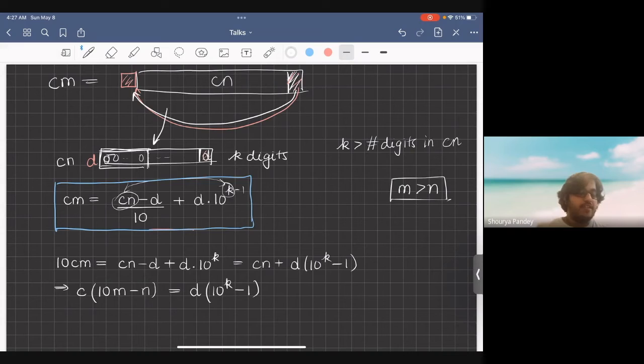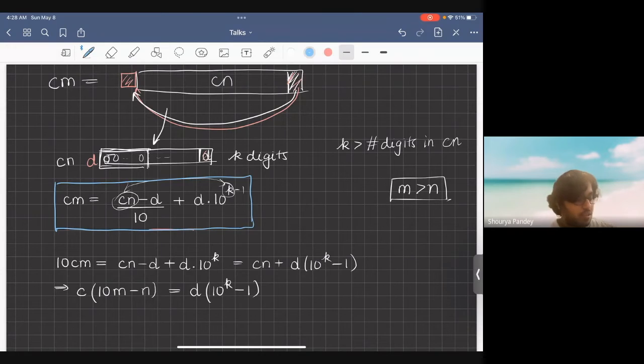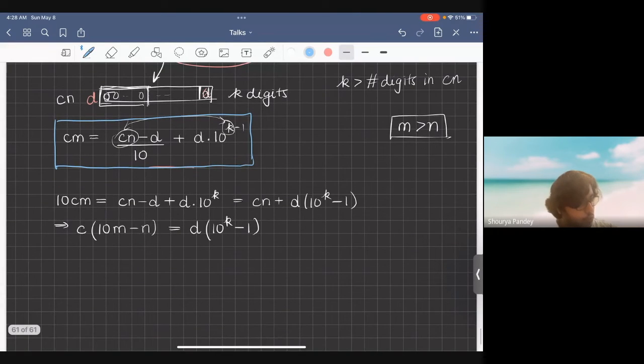So it seems like this idea doesn't work directly, but if 2 or 5 don't divide N, then we can cherry pick K. So let's see, what happens if 2 and 5 don't divide N? The reason why we're considering this is because note that Cn is congruent to D mod 10, and so D is sort of free in the case N is not a multiple of 2 or 5, right?